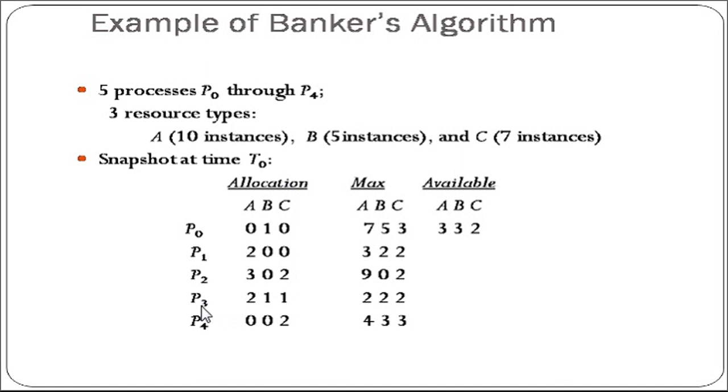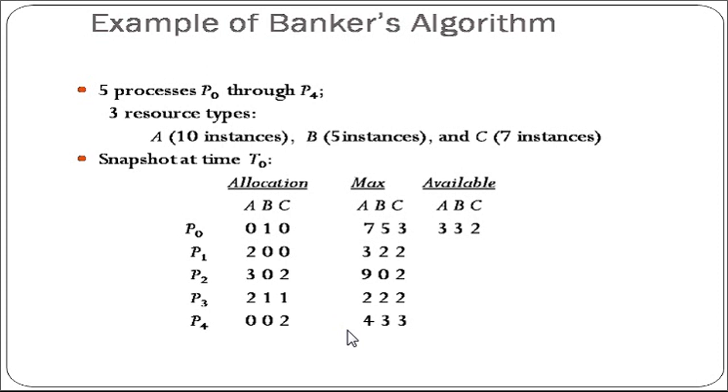For example, for process P3, the maximum requirement is 2, 2, 2, that is 2 instances of resource type A, 2 instances of type B and 2 instances of type C, out of which P3 currently has 2 instances of resource type A, 1 instance of type B and 1 instance of type C. Now in Banker's algorithm, when such an example is given, we have to find whether the system is in the safe state or not.